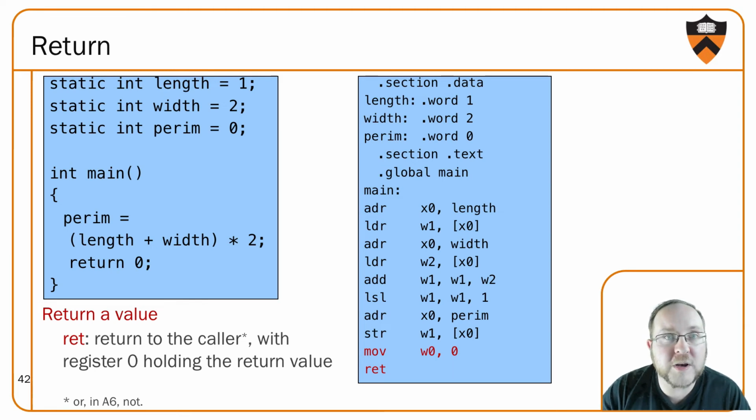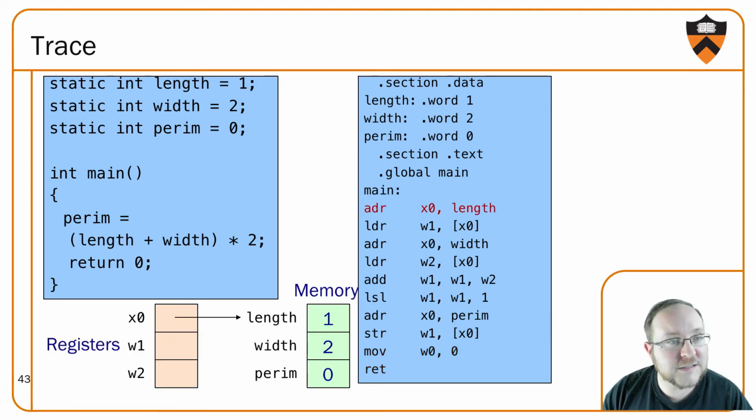It is where we are going to put the return value in order to return. And then the ret instruction is the instruction that actually causes the program counter to jump to a new location in the text section rather than just continuing to the next instruction. It's how we return from a function. We'll see a lot more detail about function returns and functions in general and program control in general later.